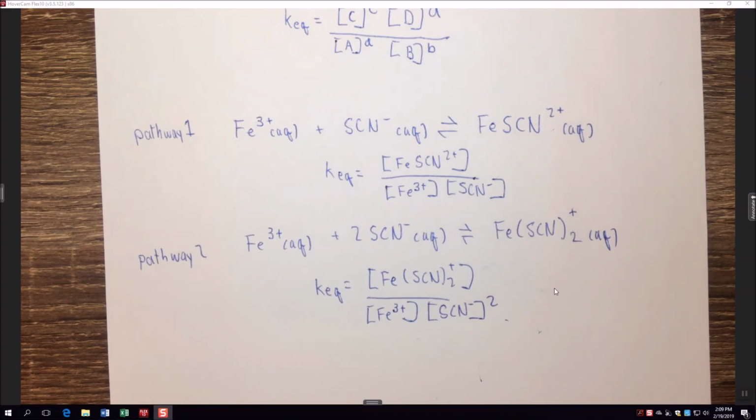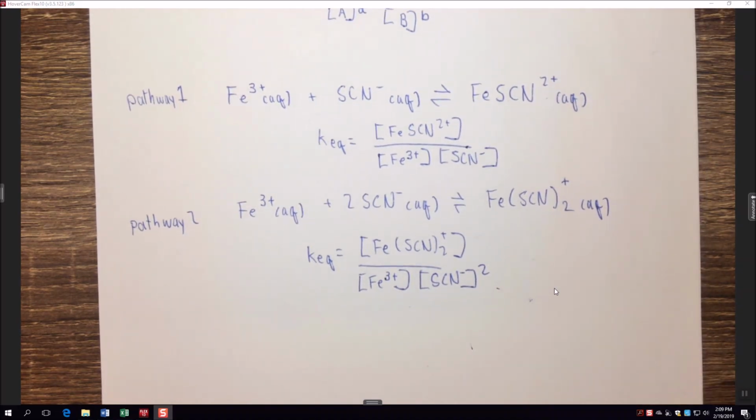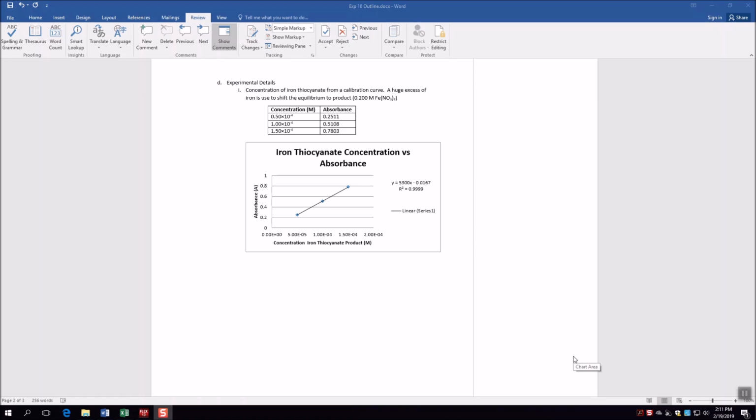So the next thing we want to look at is how we're going to actually determine the iron thiocyanate concentration. What may not be surprising at this point is that in order to measure the concentration of iron thiocyanate in solution, whether it's FeSCN2+ or the other one, we're going to use a calibration curve, exactly like you did for the red food coloring, except with a different product here.